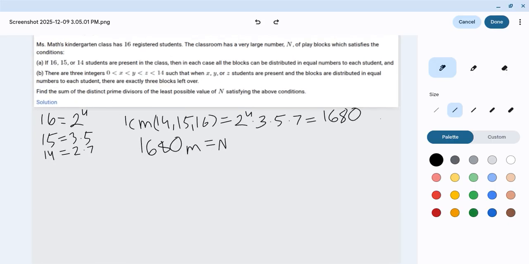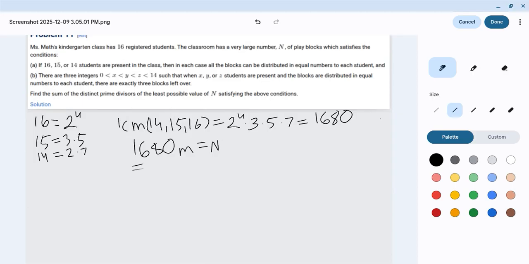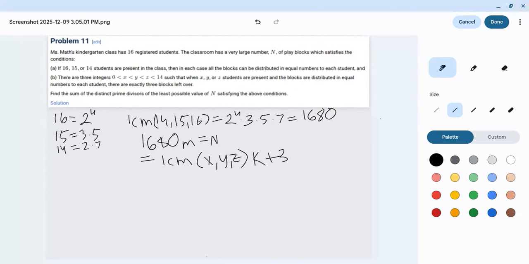By this, we can get that n is also equal to some multiple of the LCM of x, y, z plus 3. So let's look at what x, y, and z could be. Since there's a remainder of 3, x, y, z obviously have to be greater than 3, because you can't have 3 people and have a remainder of 3, since you can evenly distribute those 3 blocks.